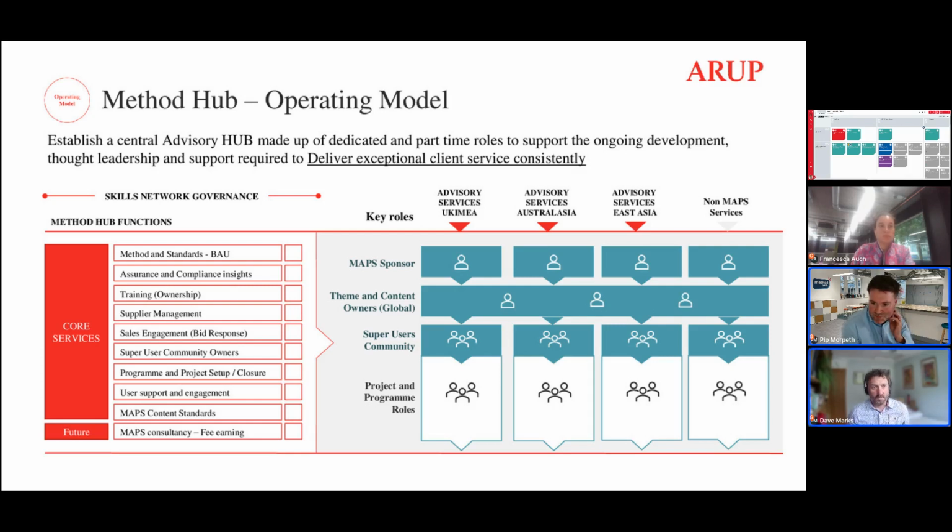Mm-hmm. So Method Hub is, I've never been in love with the name, but it's what we call our internal function for supporting Method Grid in use. And essentially, as you can see down the left hand side of that slide, those are all the functions that it's doing.